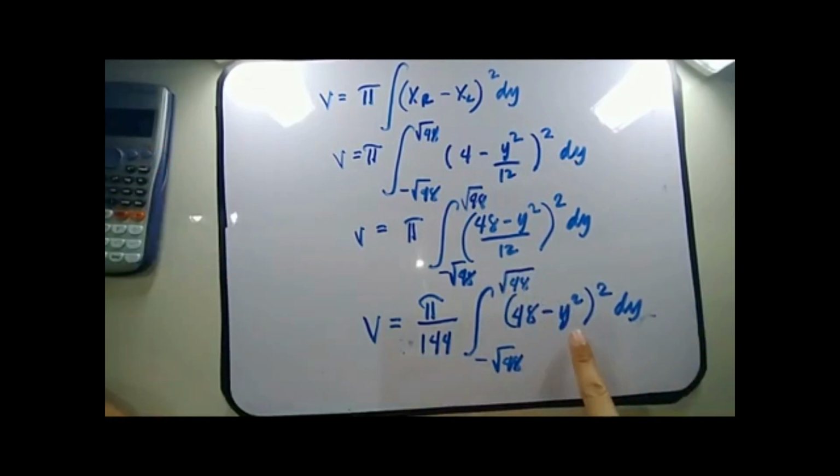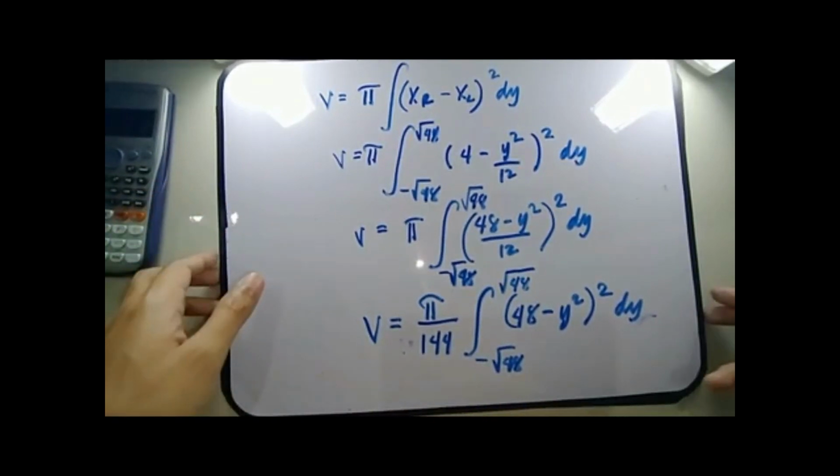Now, guys, let's expand this so we can use the power formula. But in the board exam, you can actually input this directly into your calculator. But here, I will still show the manual solving.